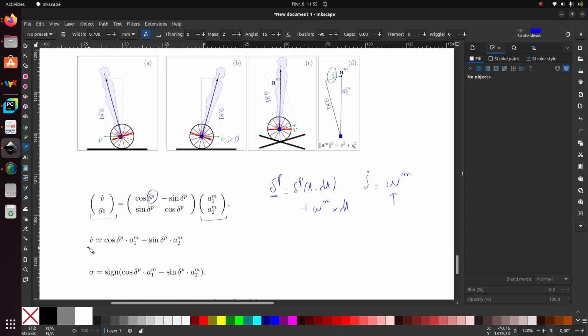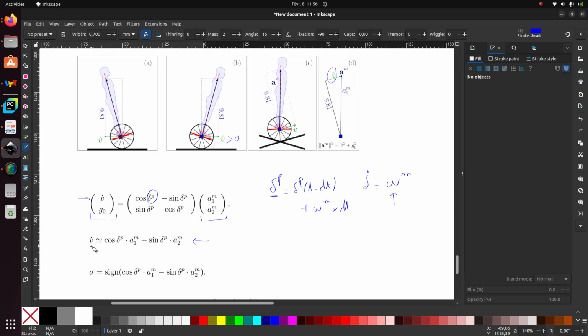So v dot is now given by, I take just the first line of this matrix equation, so I decompose into two scalar equations, but only the first one is interesting for me, and I obtain an approximation of v dot, which uses my gyro somewhere and also the acceleration I measure.